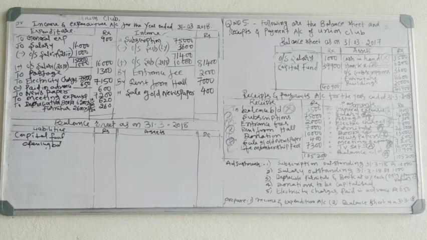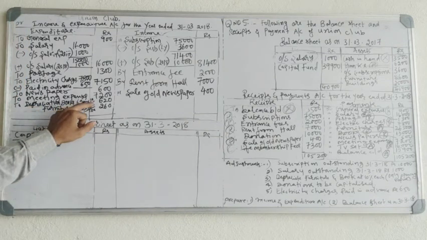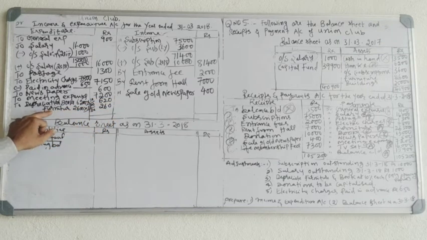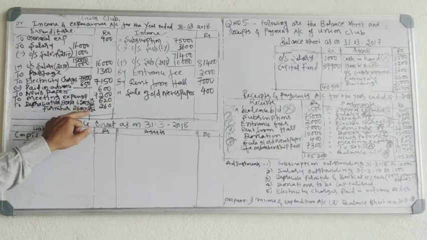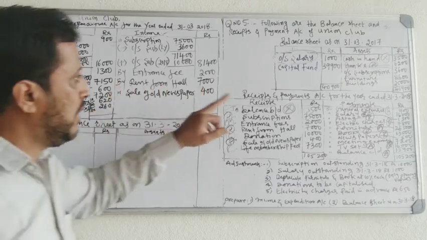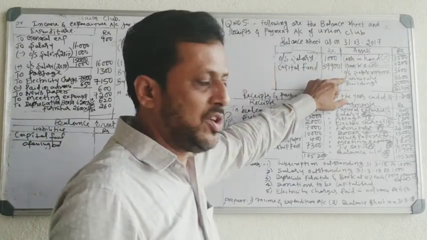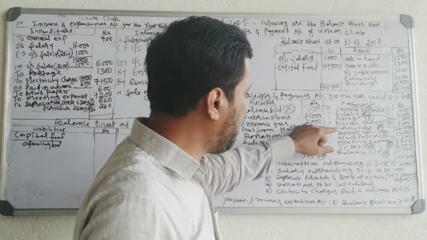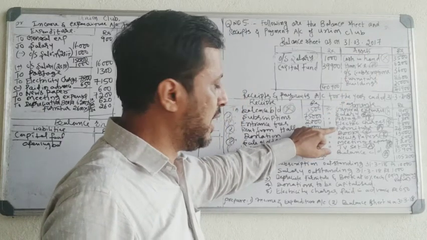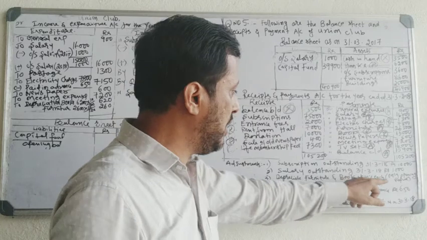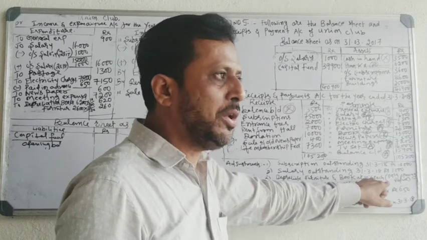So we have taken depreciation on books: 6,200 into 10%, 620. Depreciation on furniture: 2,600 into 10%, 260. So we have taken depreciation only on opening value of books and opening value of furniture. We have not taken depreciation on additional value of books and furniture, because it is said in the problem, take depreciation only on opening value.